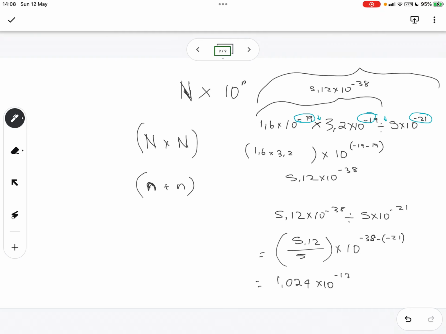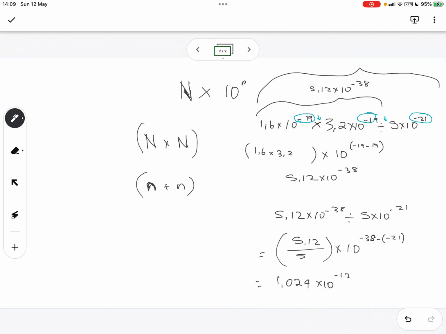But anyways, I think this is a typo, because if we follow the math correctly, 1.6 times 1 times 3.2 is 5.12. If we add the exponents, negative 19 plus negative 19, we get negative 38. So this is fine. The second part, this 2.56, I'm not sure where it comes from. It's just supposed to be 5.12 times 10 to the negative 38, divided by 5 times 10 to the negative 21.